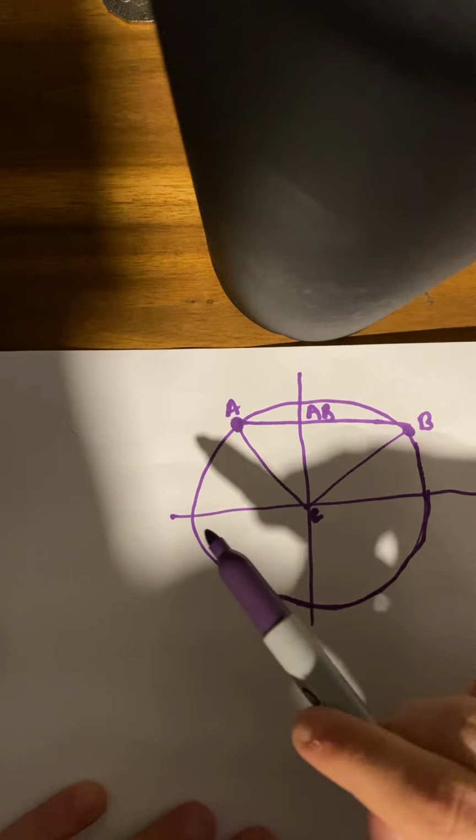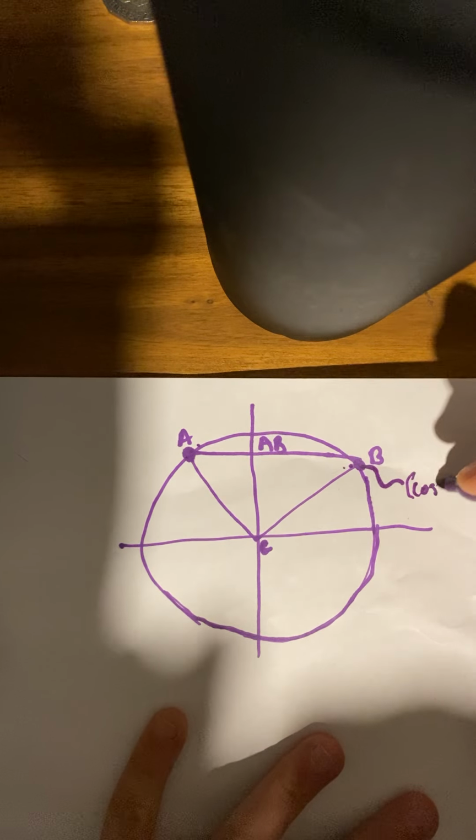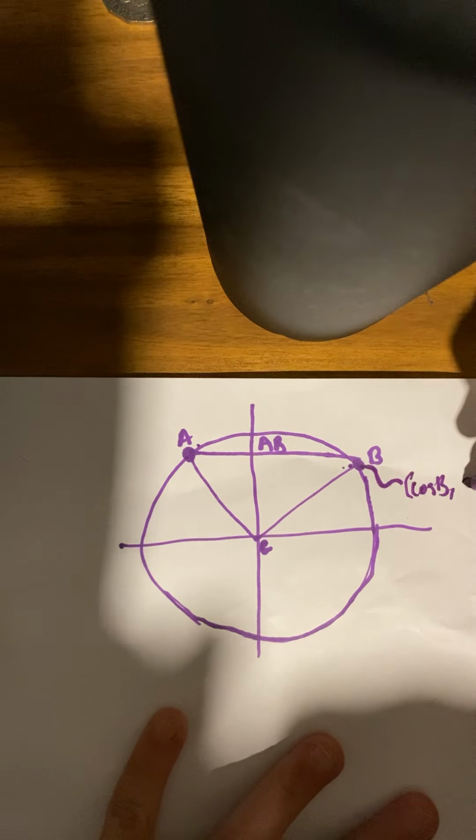Now we should know that in the unit circle, for each place on the circle, the x and y coordinates are simply cos B as the x and sine B as the y, and that is the same for A, which is cos A, sine A. And the next thing I want to try and find is this angle here.